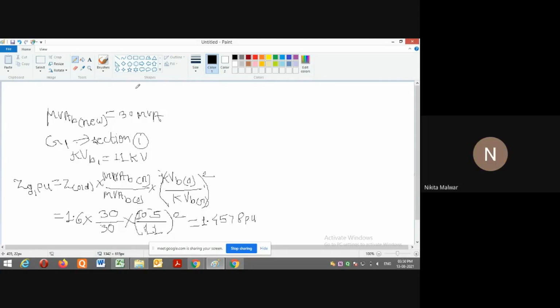Okay. Now we will find out the value for transformer. For transformer, we will use the same formula, the only difference is in choosing the values for kV base.